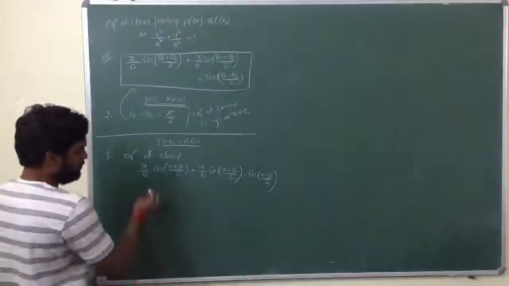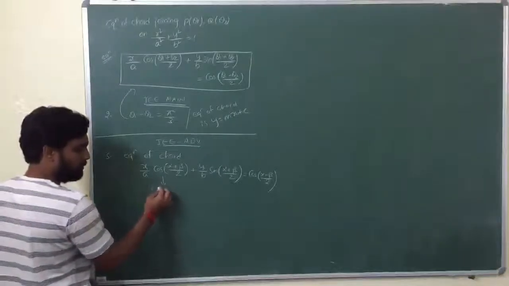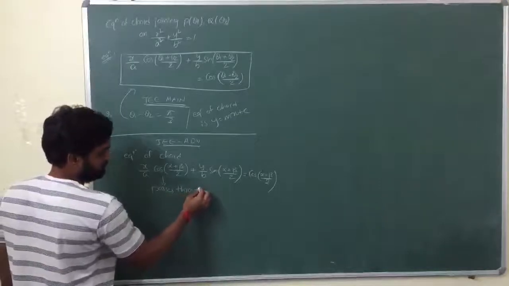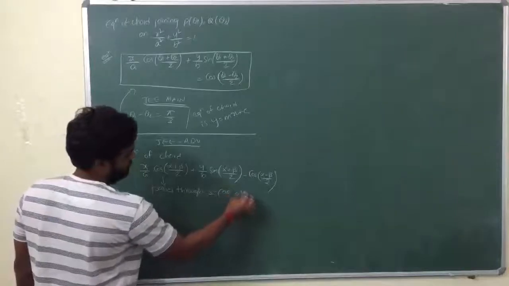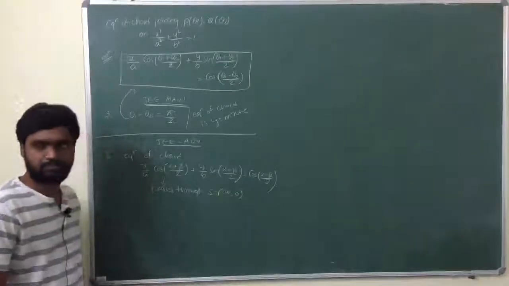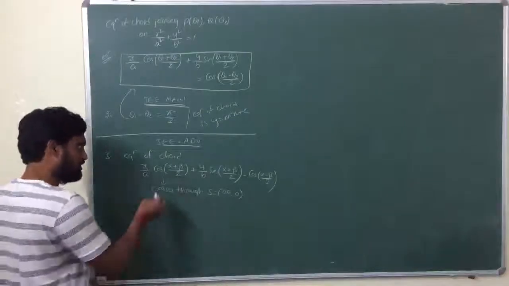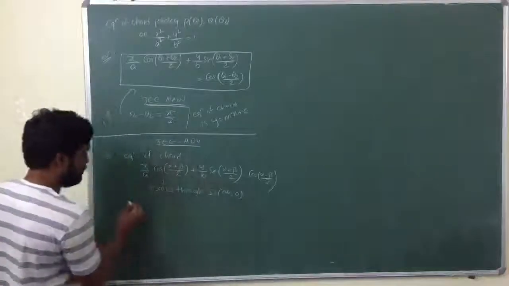Now, this chord passes through focus. Understand? Because this is a focal chord. Focal chord means it passes through focus, ae comma 0.